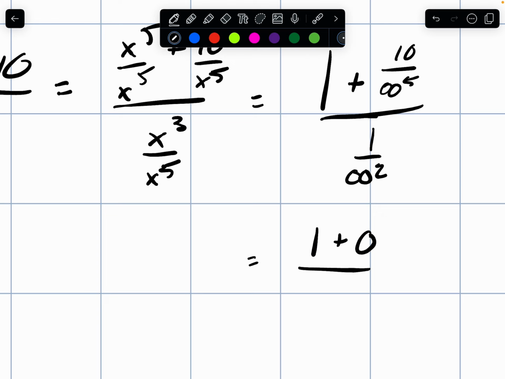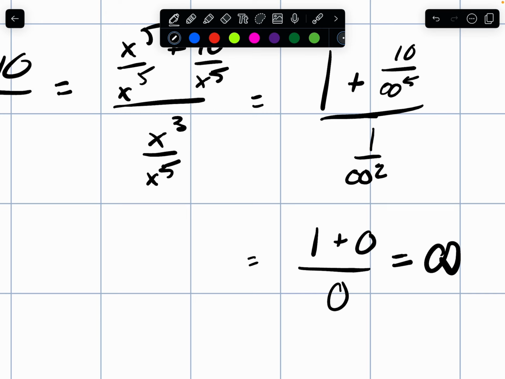This is kind of like 0. And this number here is also so small that it's kind of like 0. If I have any number over something with infinity that's so small, or an infinitesimally small number, it's going to equal infinity. So this is equal to infinity.